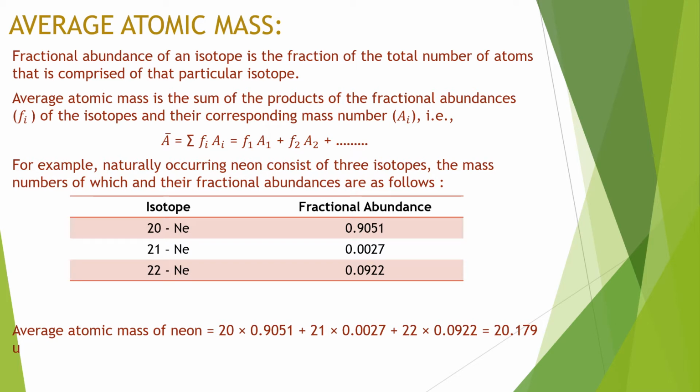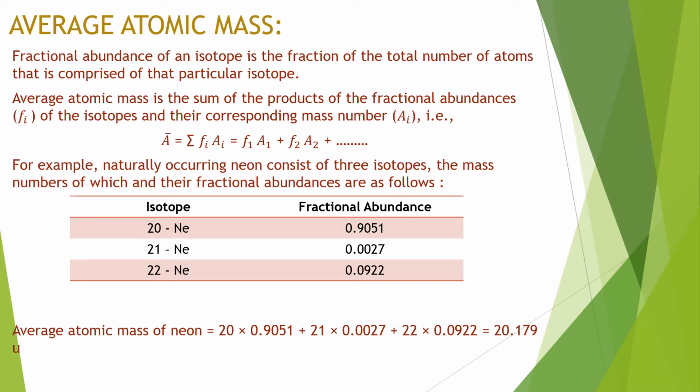Let us take one example. Suppose naturally occurring neon consists of 3 isotopes, the mass numbers of which and their fractional abundances are as follows. You can see from the chart given the neon isotopic forms with mass numbers 20, 21 and 22, and their fractional abundances. So what will be the average atomic mass of neon?